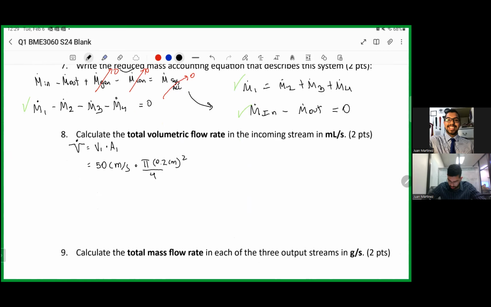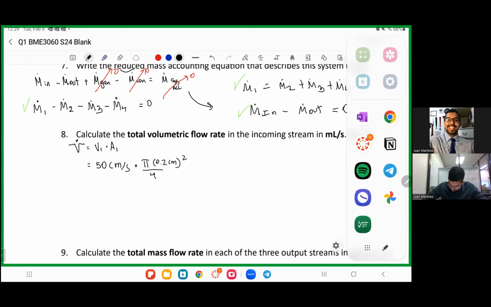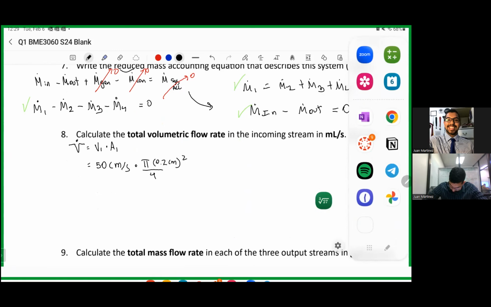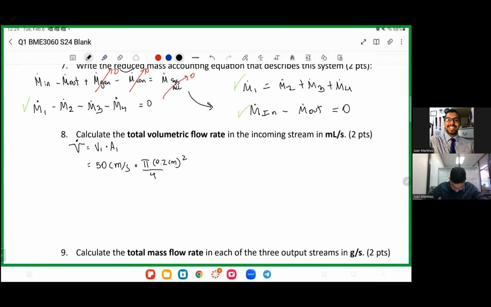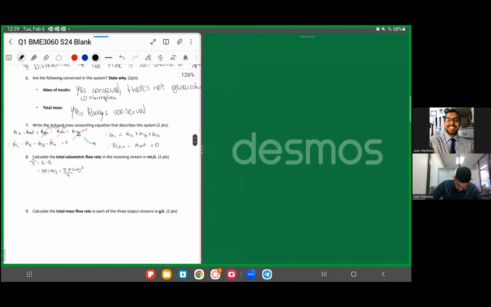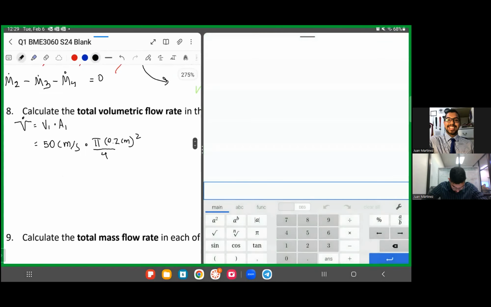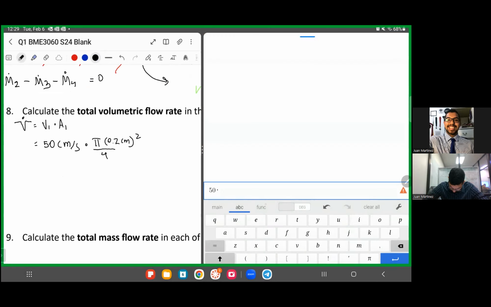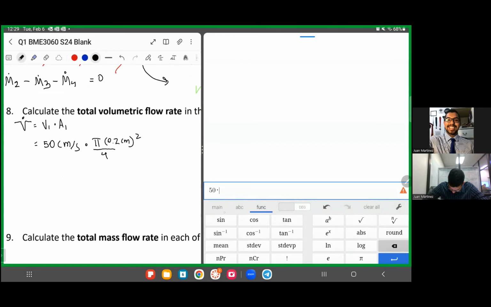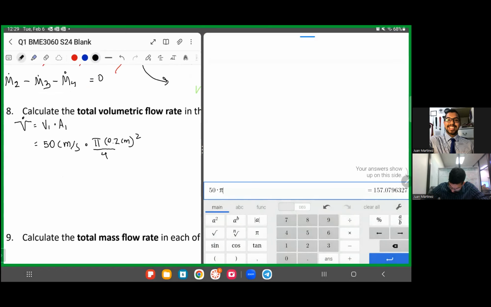Okay. So let me get my handy calculator. Do this really quickly. So I love decimals, so that's the reason I have it here. So 50 times pi divided by 4 times, let's put a parenthesis, 0.2 squared.